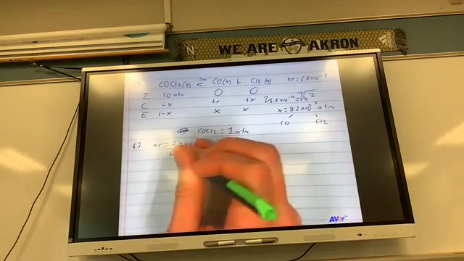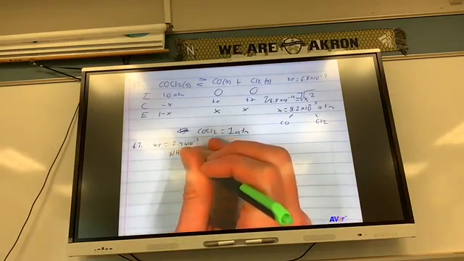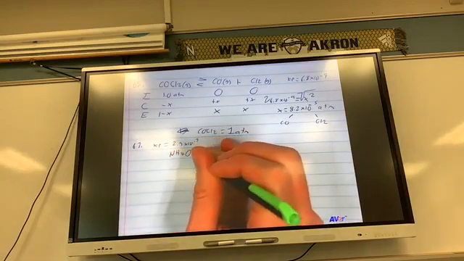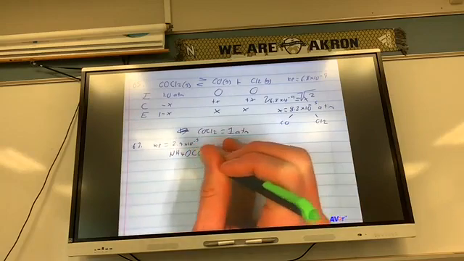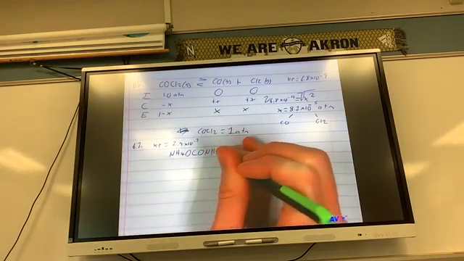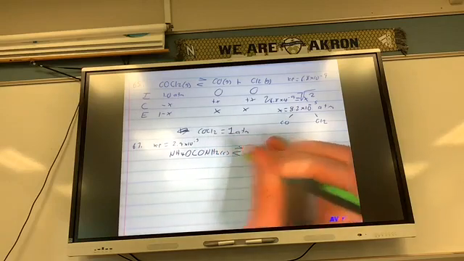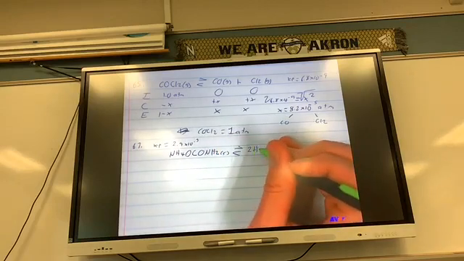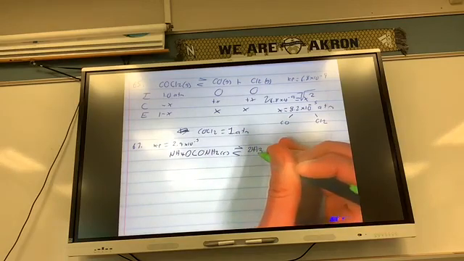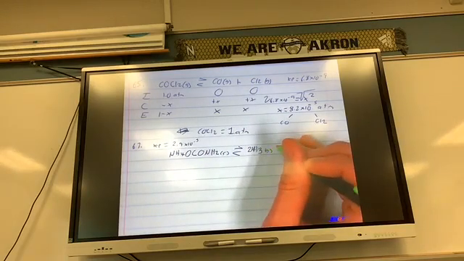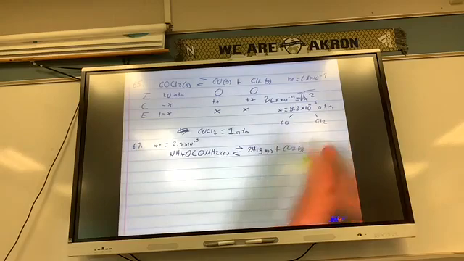So NH4OCONH2 solid is in equilibrium with 2NH3 gas plus CO2 gas.